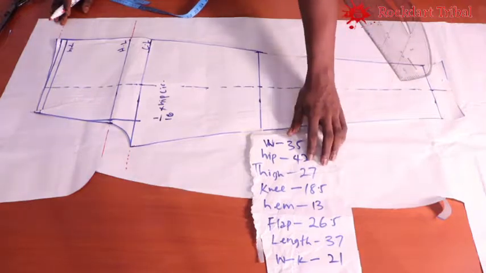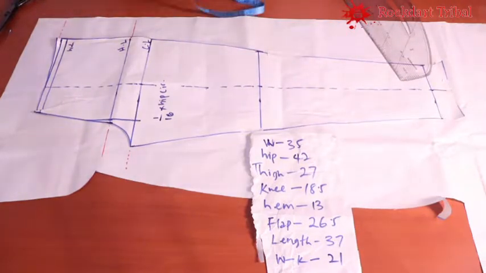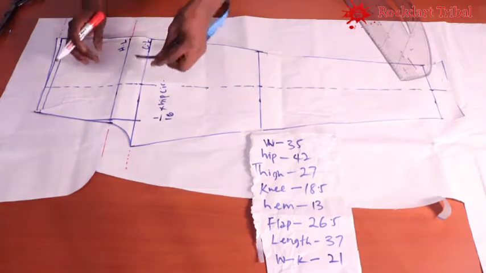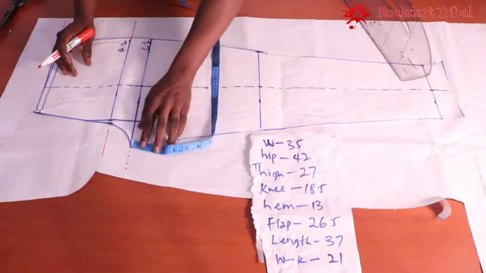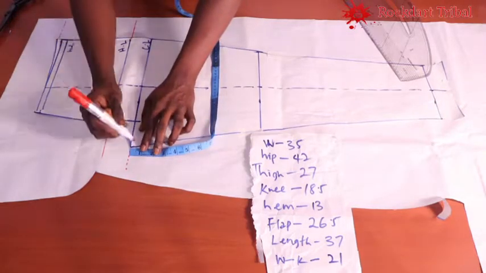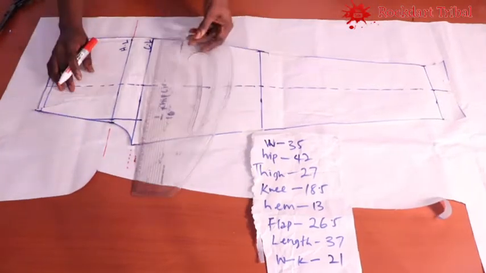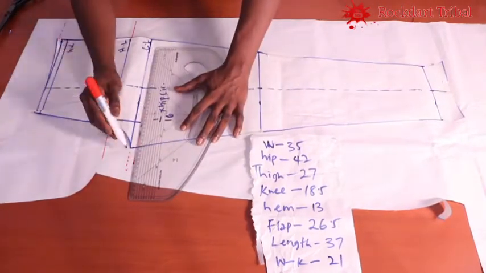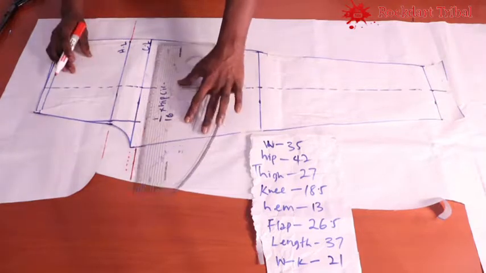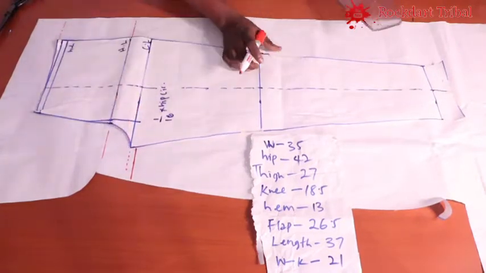Now to get the back pattern, I'll place the front pattern over the back pattern. Now on my crotch line, I'll come down by 0.5. That will be the flap line for the back pattern.